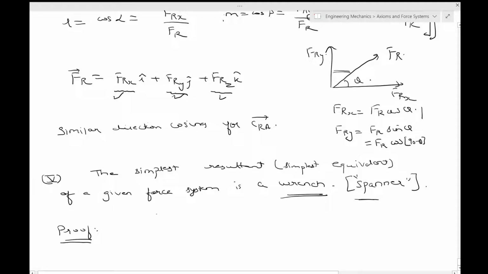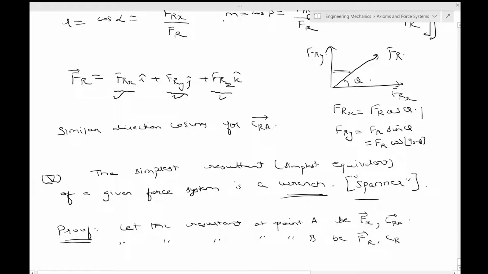Let's prove that it is actually the simplest resultant. So let the resultant at point A be FR and CRA, and let the resultant at point B be FR and CRB.